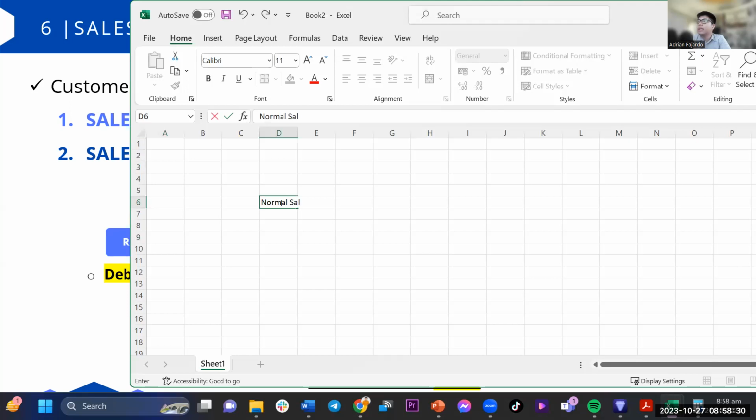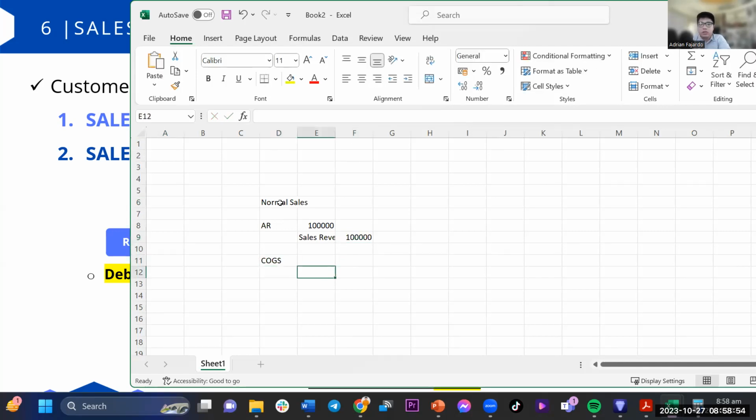So you have normal sales, right? Ano yung dalawang journal entry mo pag nagkaroon ka ng sales? That would be AR, so accounts receivable, sales revenue. Let's say 100,000. And then yung cost ng inventory na yon is COGS, inventory, 50,000.